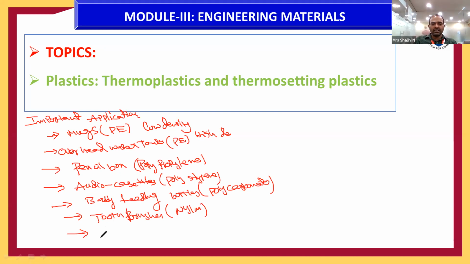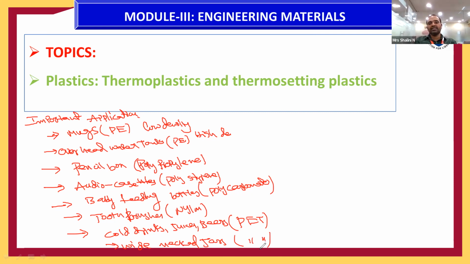Cold drinks, juices, and beers are packed in polyethylene terephthalate. Wide necked jars are also prepared from polyethylene terephthalate, etc. These are all the importance and applications of plastics.